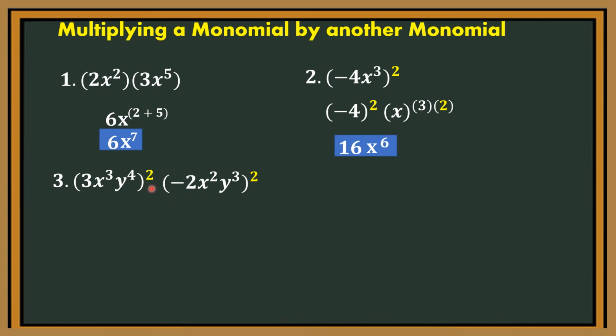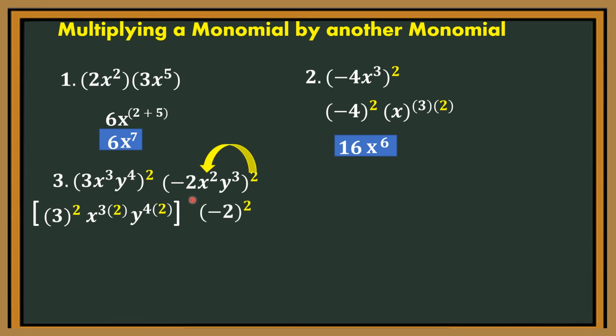So let us do it first. 3 squared, x cubed times 2 y to the 4th, then multiply the exponent by 2. That is the first. The second, negative 2 squared, x squared, then multiply the exponent by 2.